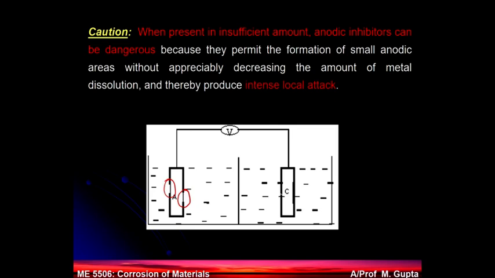If part of the anode is not covered, then your corrosion will be very intense. Do you know why the corrosion will be very intense? If part of the anode is not covered, as shown in the circle here, why will the corrosion be very intense?